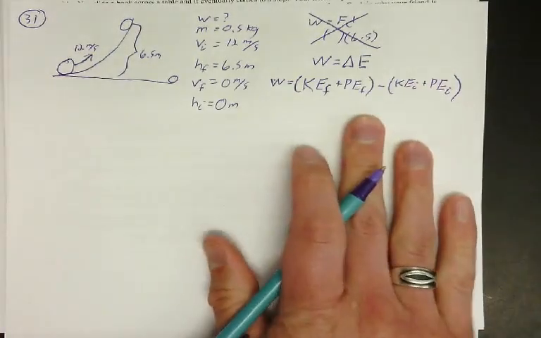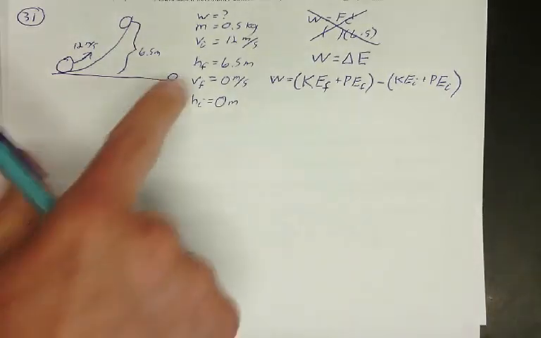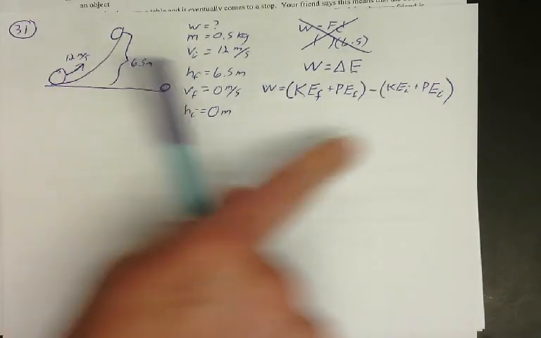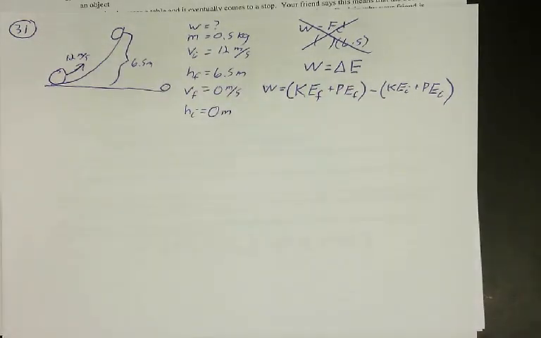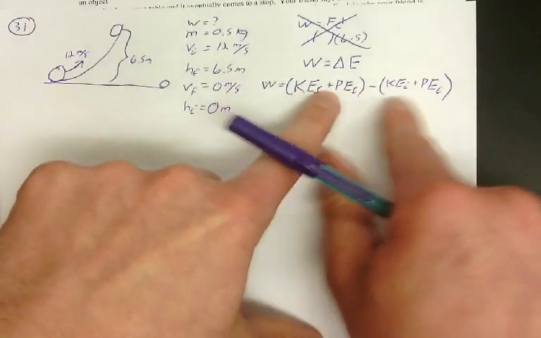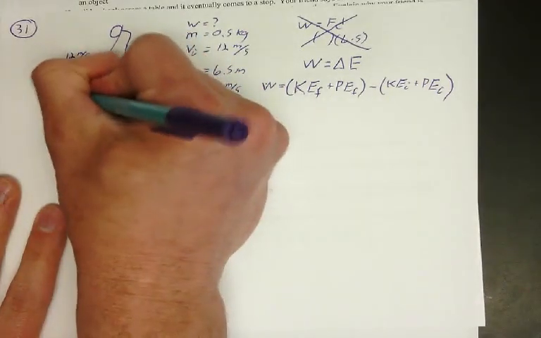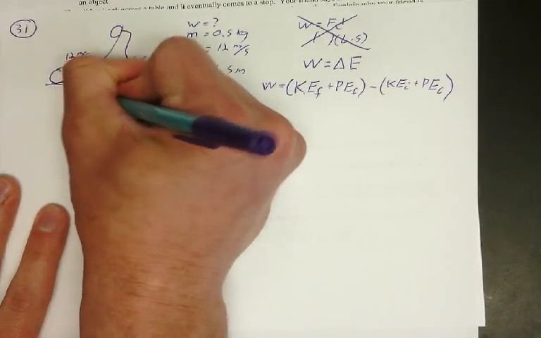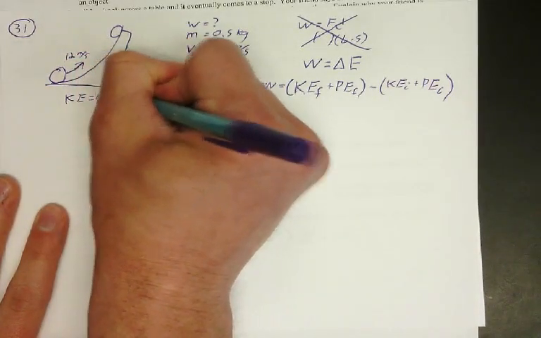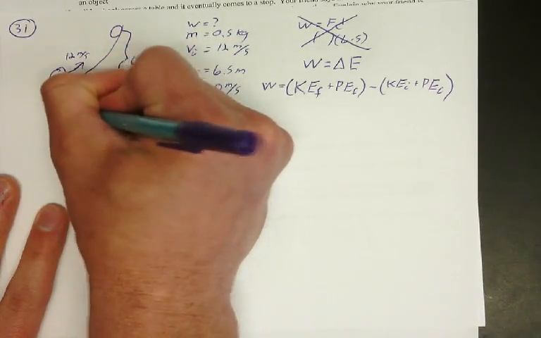So I want you to try to plug it in. We've got all these things. See if you can plug it in here. Now remember, you can't just plug in mass and velocity for these potential and kinetic energies. You've got to find them. Kinetic energy is 1/2 mv squared, and potential energy is mgh.